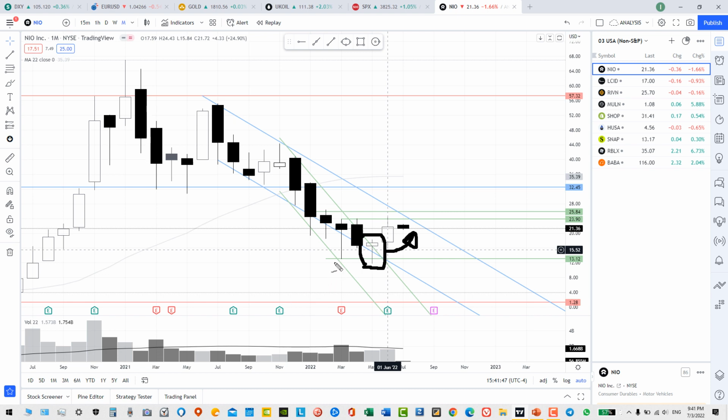This level of around 13.12, which was the tip of the lower shadow of a previous hanging man over the monthly chart, managed to create a support over the previous 3 or 4 months.